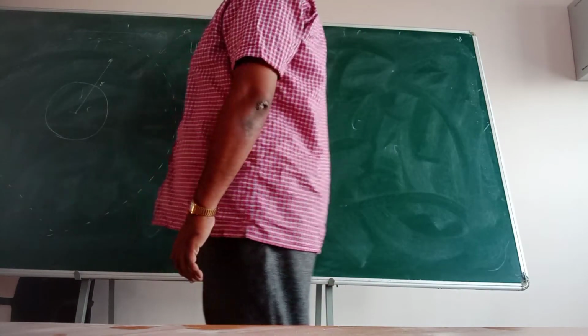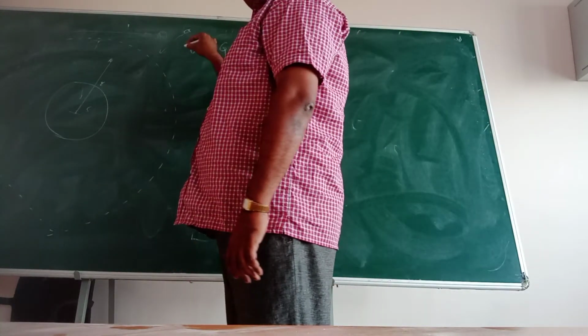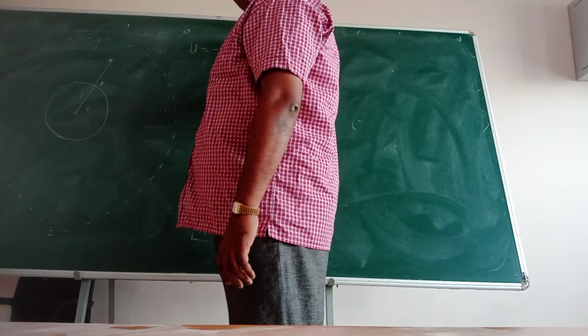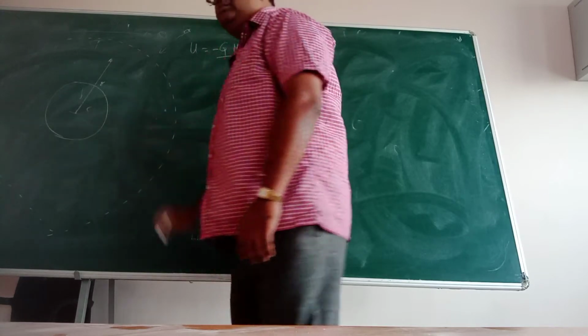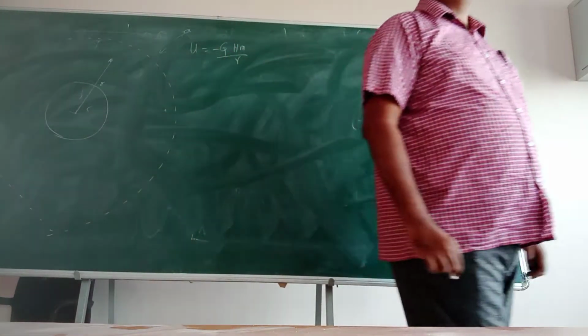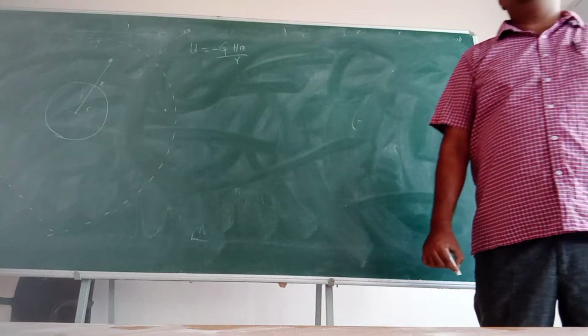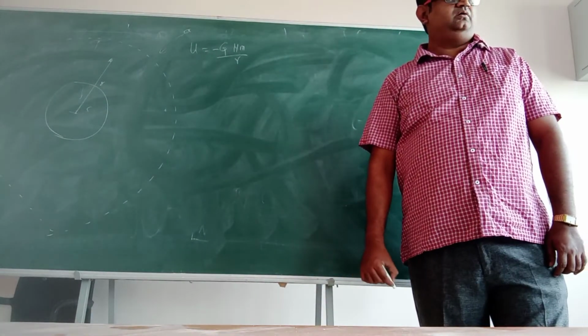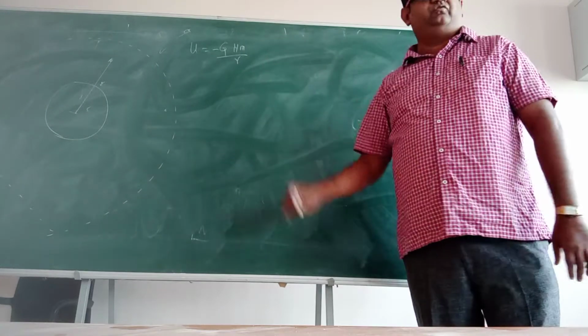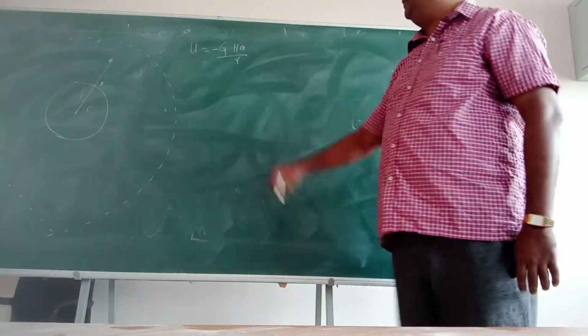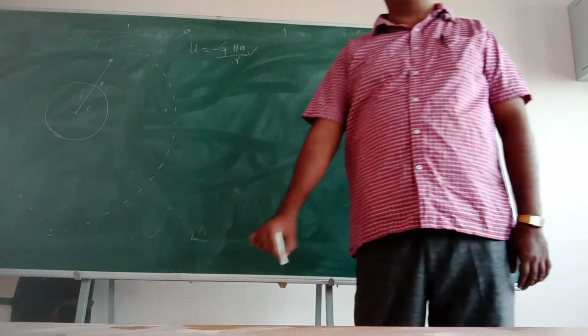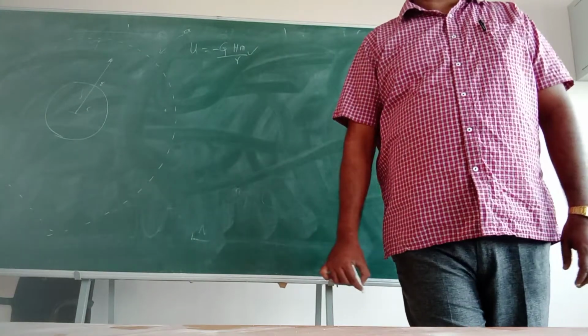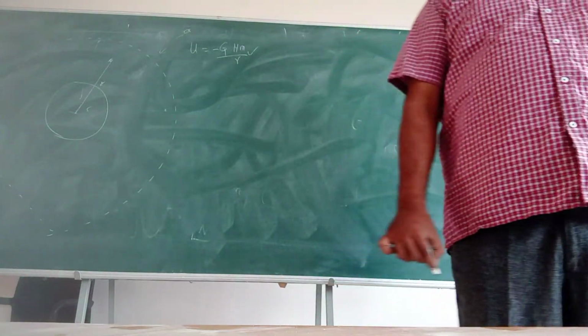Just refer to your notes. The potential energy of a body in the gravitational field is given by the expression U is equal to minus G capital M small m by r.